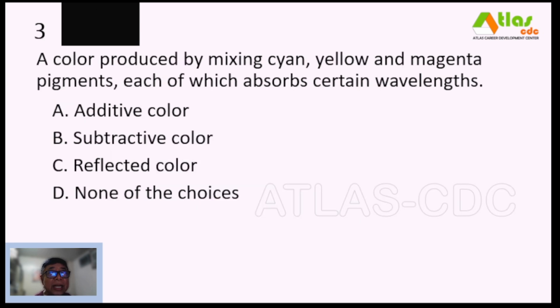Number 3, a color produced by mixing cyan, yellow, and magenta pigments, each of which absorbs certain wavelengths. A. Additive color, B. Subtractive color, C. Reflected color, and D. None of the choices.